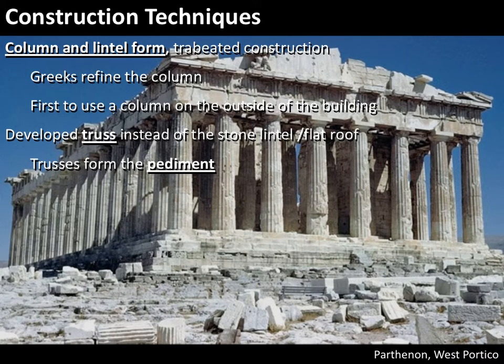Now, a truss is that triangular shape to the end of the building, and that triangular shape is called the pediment. And we're going to see in subsequent pictures how that pediment also is an invitation to do some decoration. This is really, really important. The Greeks did not use the arch or the dome. Those shapes are not Greek.